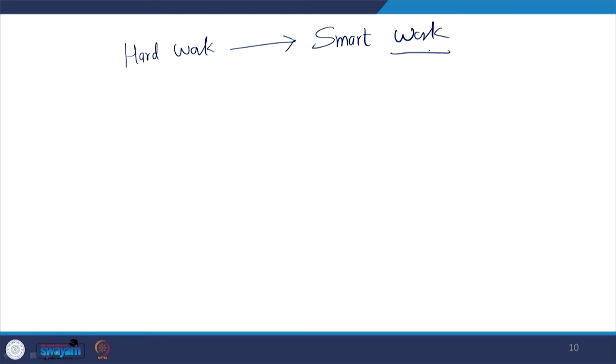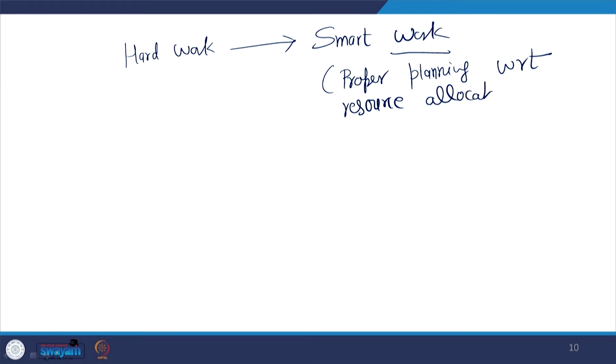And what does it mean? That we need to do proper planning with respect to resource allocation, and one of the resources is time.